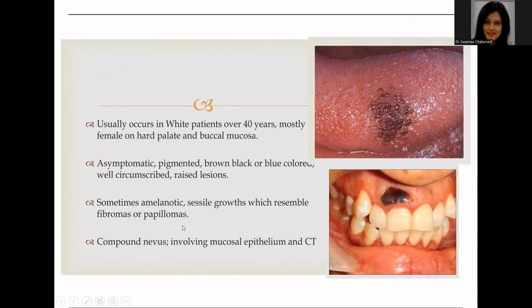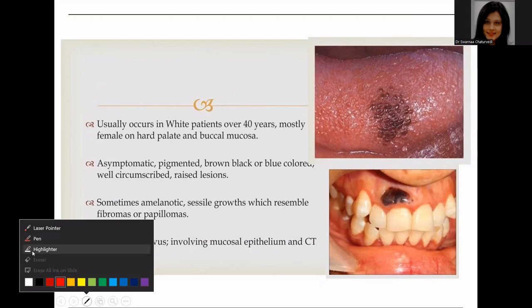Sometimes they may be amelanotic, meaning there is an absence of melanin. Sessile growths, which resemble which lesion? Fibromas or papillomas. And compound nevus involves the mucosal epithelium and connective tissue.